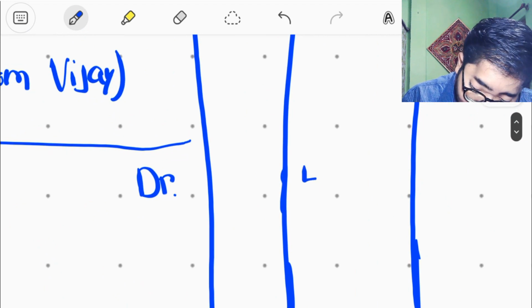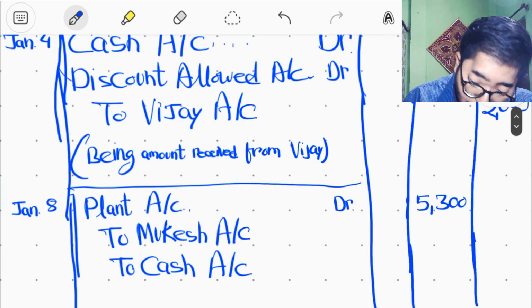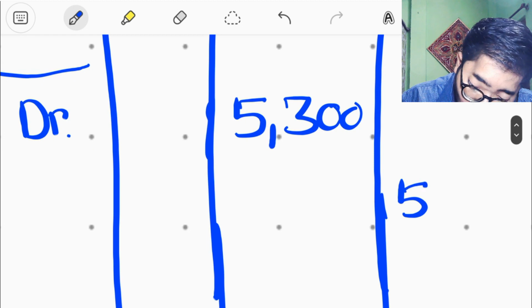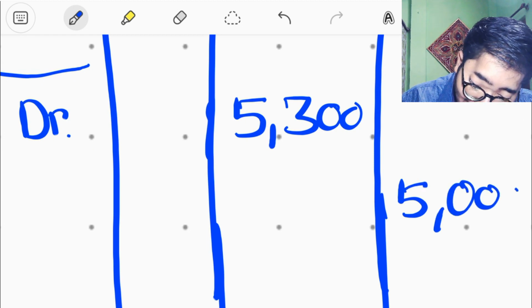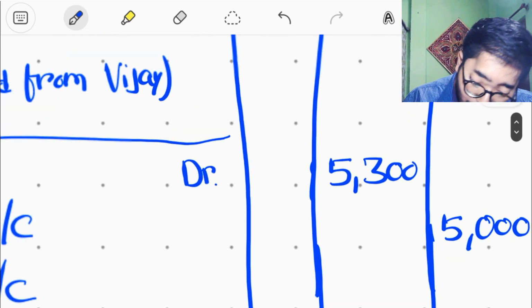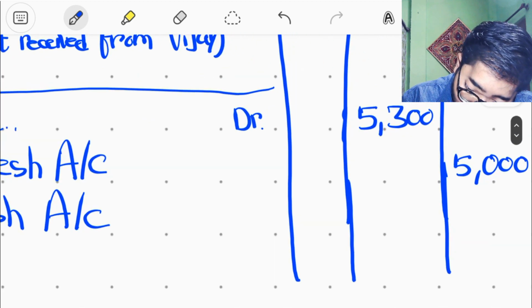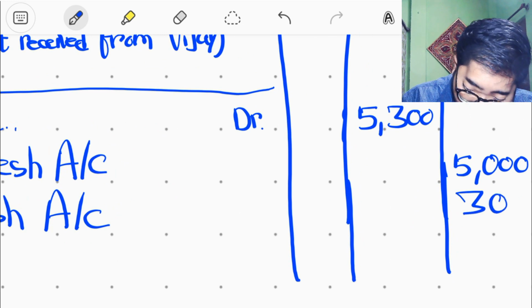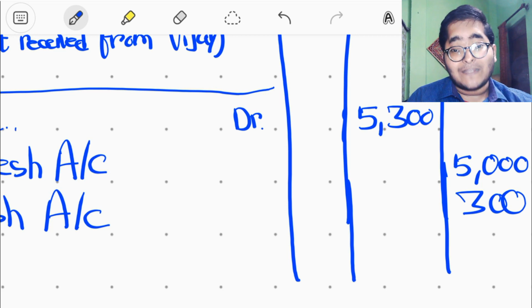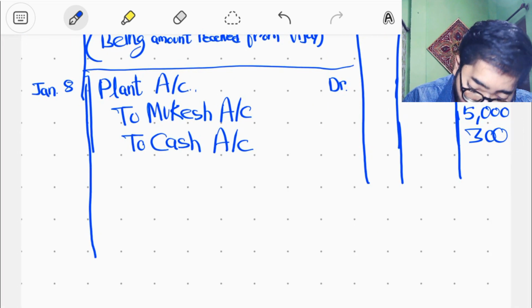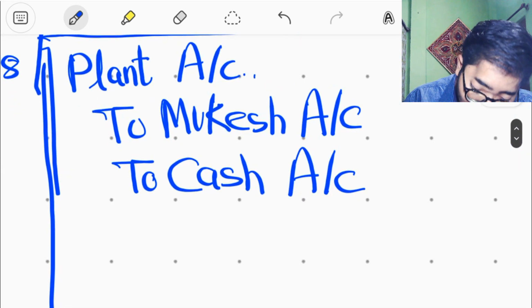What is the historic cost of the plant? 5300. To Mukesh account. Mukesh account would be 5000. Why? Mukesh would be paid later the amount of rupees 5000, and cash is paid rupees 300 for the expenses on installation charges and also expenses on cartage. So this entry is also completed.